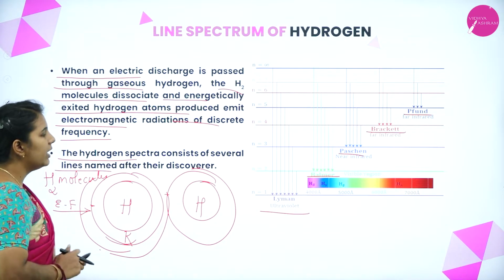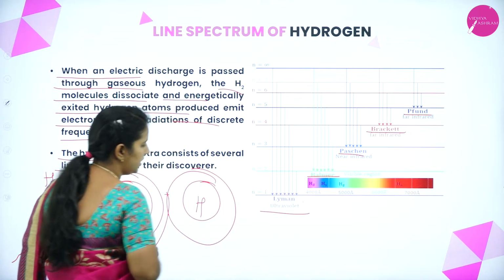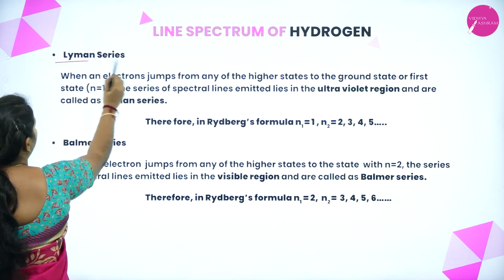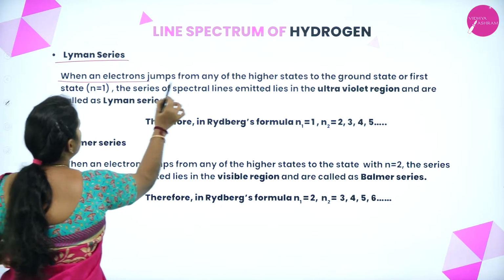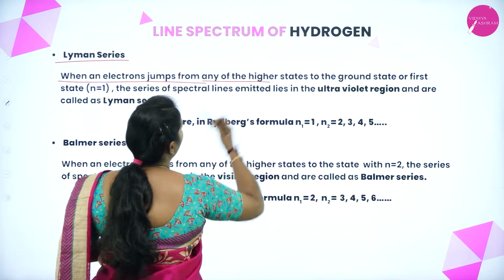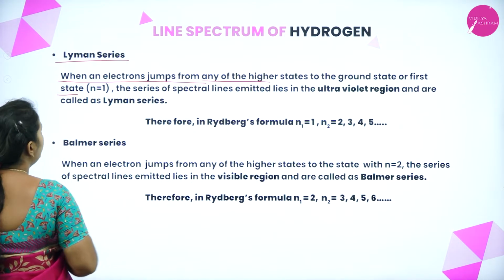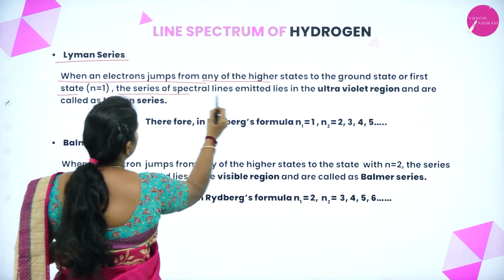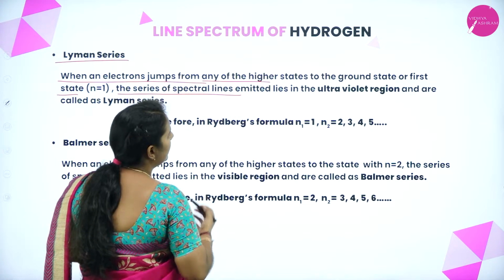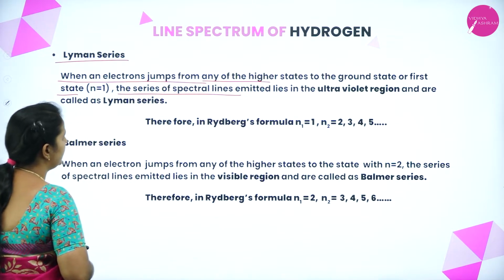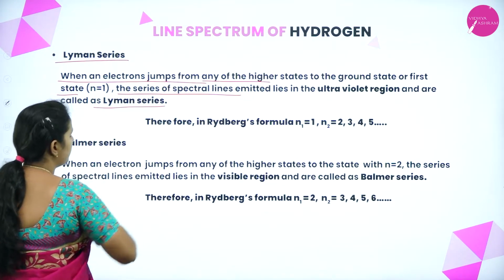Now let us see what the Lyman series is first. Lyman series means when the electrons jump from any higher state to the ground state, or first state, the series of spectral lines emitted lies in the ultraviolet region, hence it is known as Lyman series.